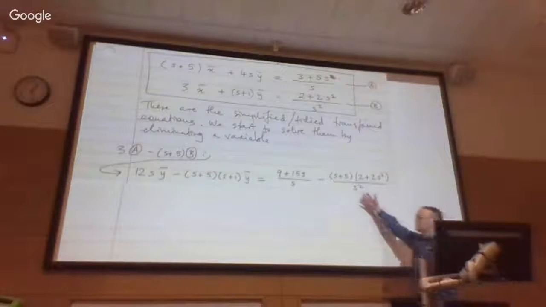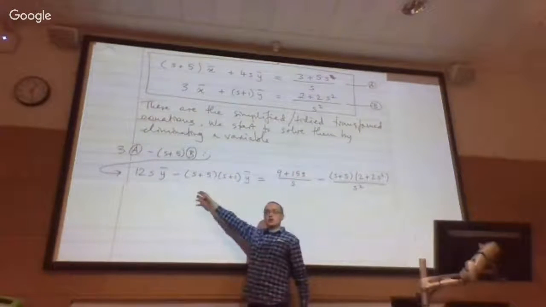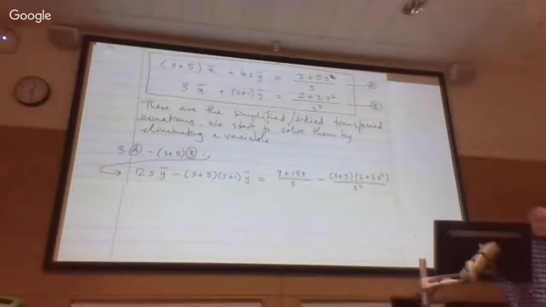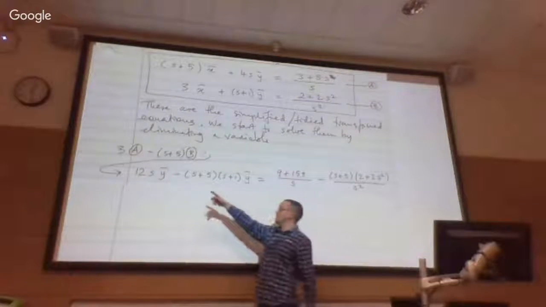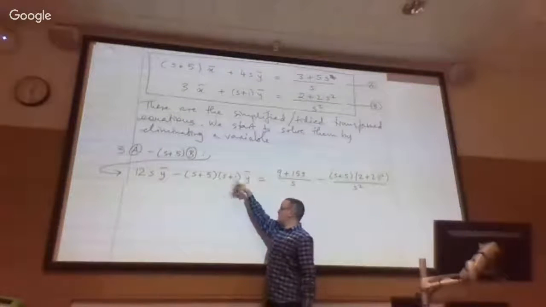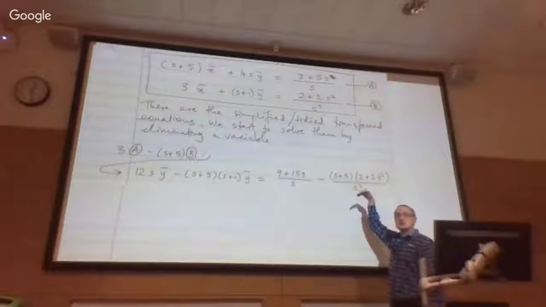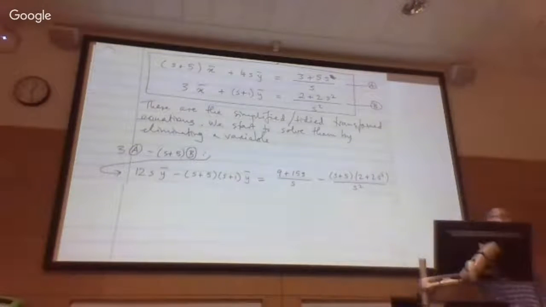So success in terms of there's no x bar anymore, just a single equation involving y bar. And it's not that complicated. It's just a polynomial in s times y bar plus another polynomial in s times y bar equals a rational function in s. So we can just make y bar the subject of this.